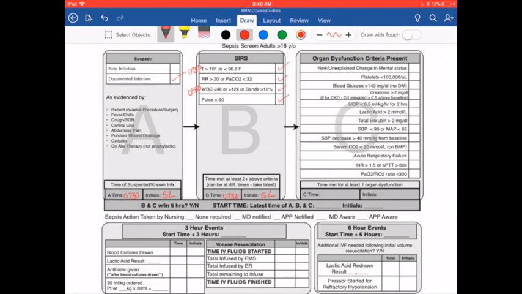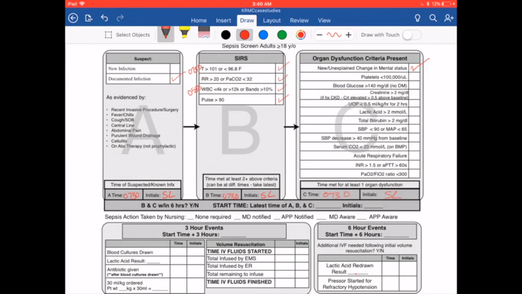Moving on to the last section, new or unexplained change in mental status. The patient is more confused from baseline, so you will be checking it there, which again occurred during your assessment. So we'll be putting 7:30 down there.